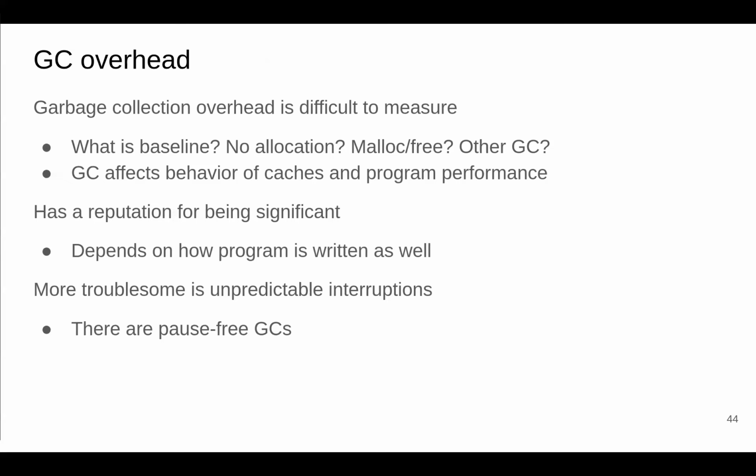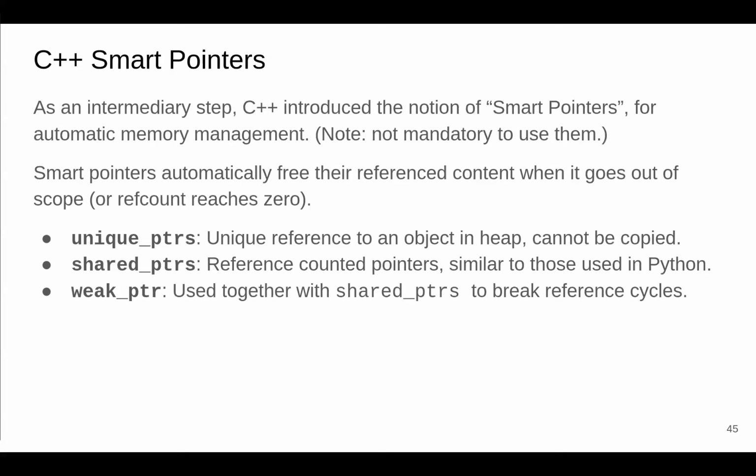So in C and C++, as an alternative to garbage collection, they introduced smart pointers for automatic memory management. It's not mandatory to use them, but if you're using a modern programming style in C++, you will actually use a form of smart pointer. Smart pointers free their reference content when it goes out of scope.